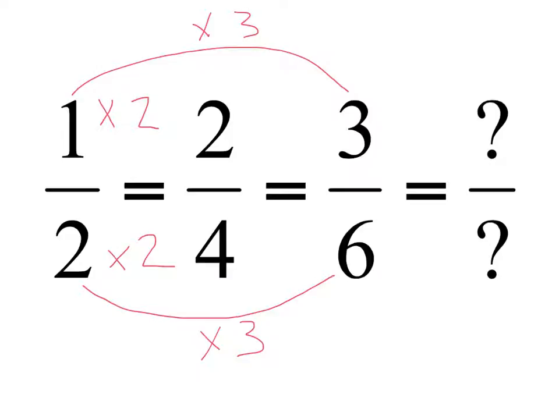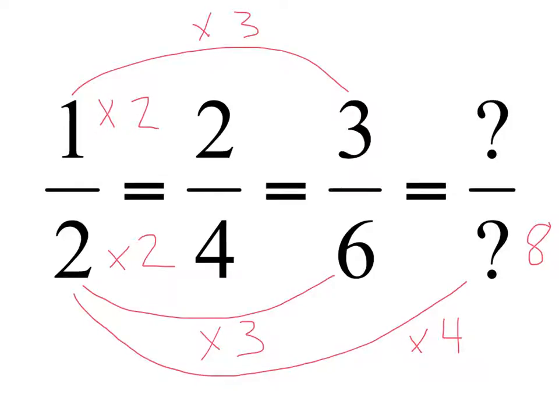Now I want you to see if you can work out another equivalent fraction to 1/2. Alright, so for these purposes we're just going to multiply by 4. So 2 multiplied by 4 is 8.